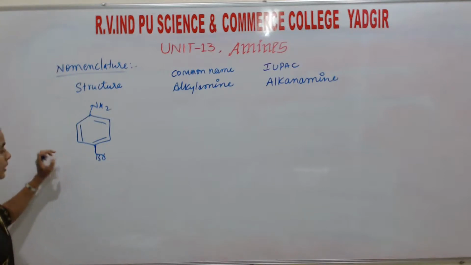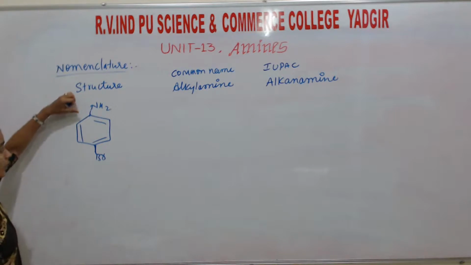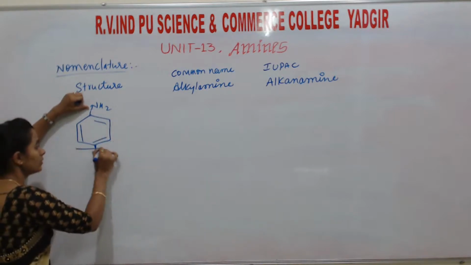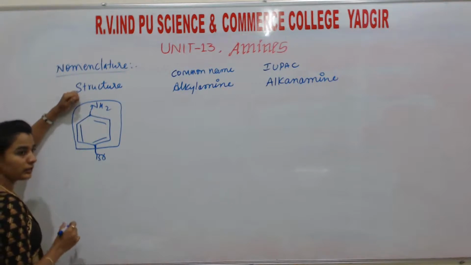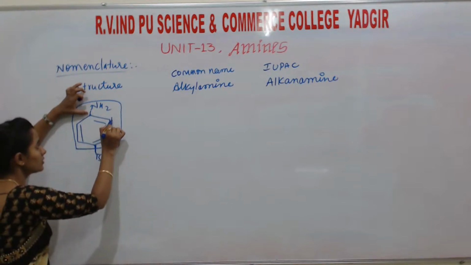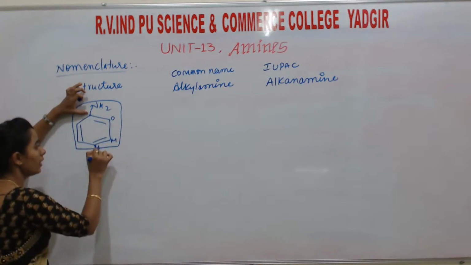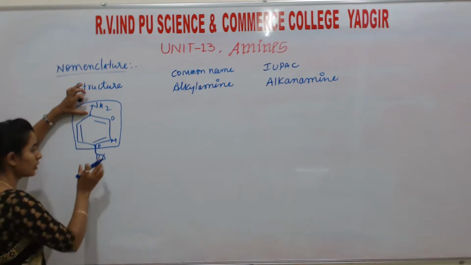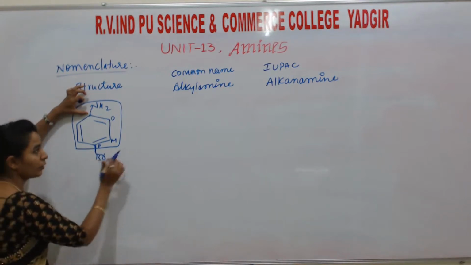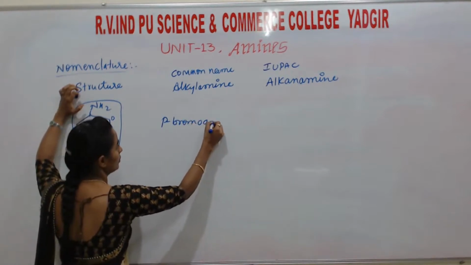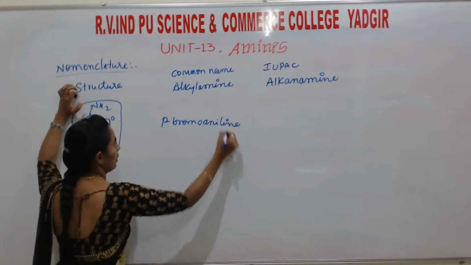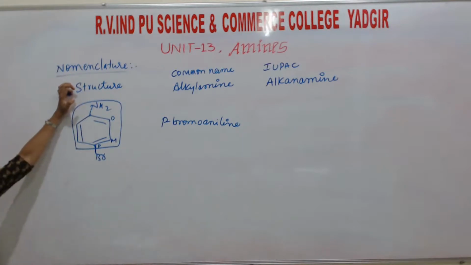Okay, so here if you consider this one, this is called as what? Aniline. Correct? With respect to this is ortho, meta and para position. So at para position, bromide group is there. That is para-bromoaniline. Para-bromoaniline. Okay.